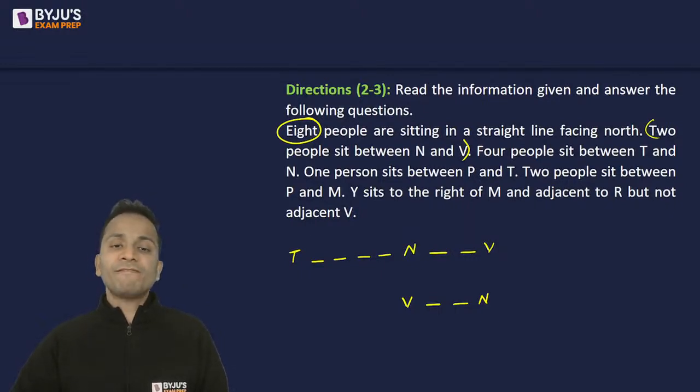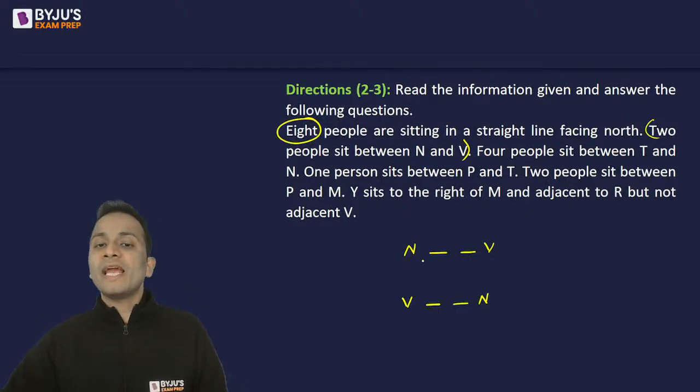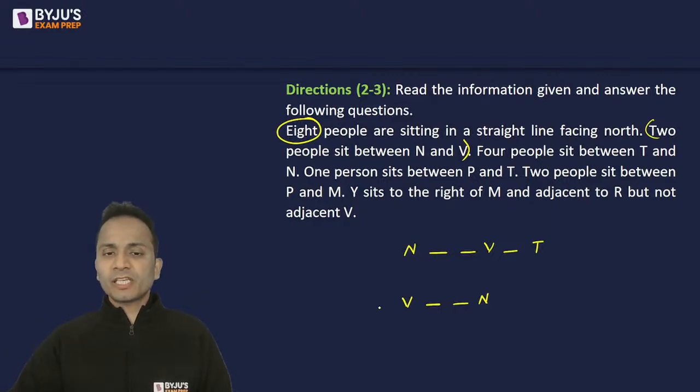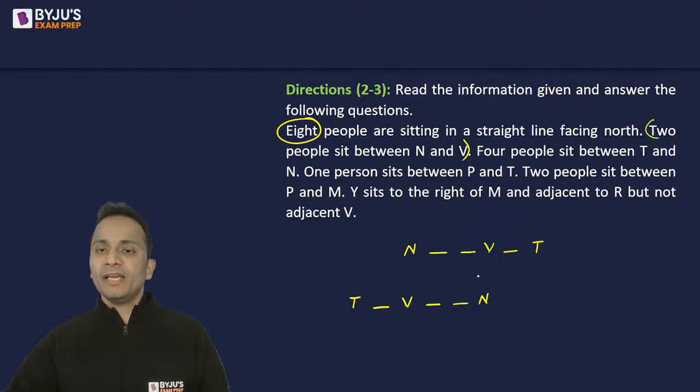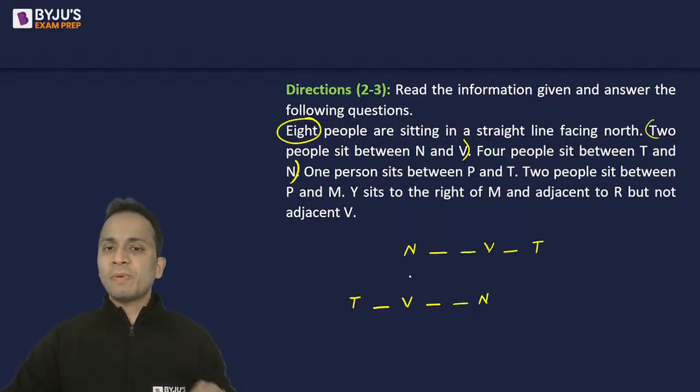So T in the first case cannot be on the left, but T will be on the right of N, such that there are 4 persons sitting between N and T. Similarly, in the second case, T will come at this place, such that there are 4 people between T and N. So I'm taking these 2 cases parallelly.